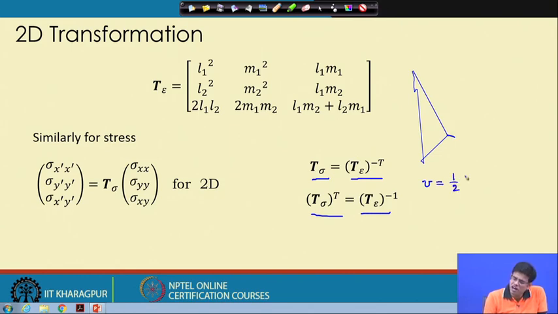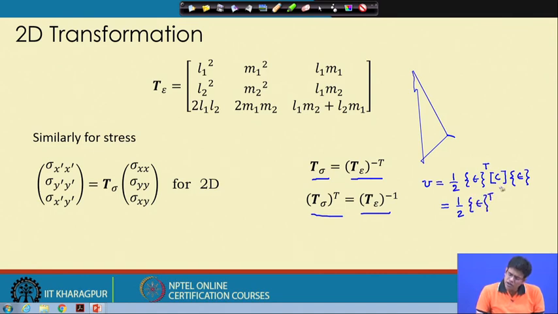half of epsilon transpose C epsilon. Now if I write half of epsilon transpose, in place of C epsilon I write sigma, so I can write it as half of sigma transpose epsilon.